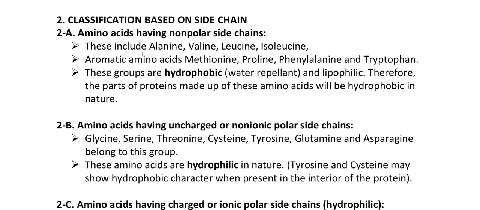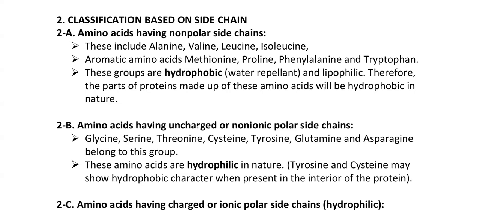These include alanine, valine, leucine, isoleucine, methionine, proline, phenylalanine, and tryptophan. These groups are hydrophobic, water repellent, and lipophilic. Therefore, the parts of proteins made of these amino acids will be hydrophobic in nature.